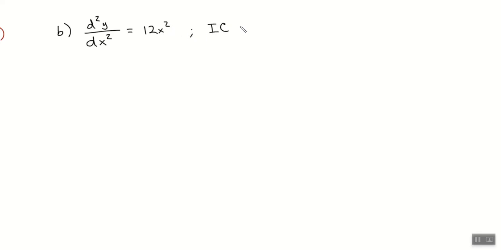If I write IC, any guess on what it is I'm referring to? The initial conditions. Awesome. So I'm told that whatever this is representing, the original function had the points (0, 1) and the point (2, 38). Cool. I want you to bring me the function tomorrow that has this second derivative, but f of x has these points, or y. Sweet.